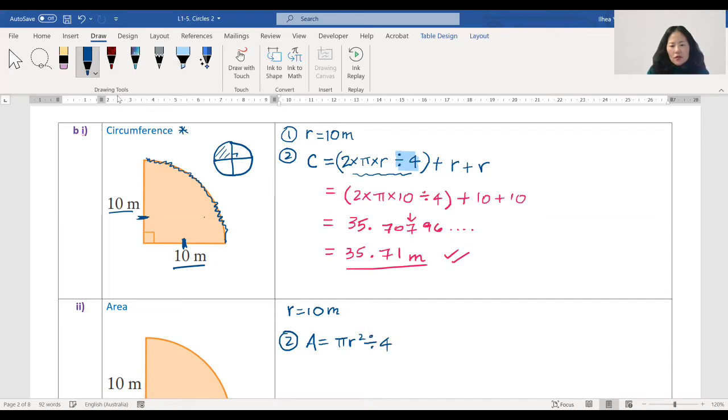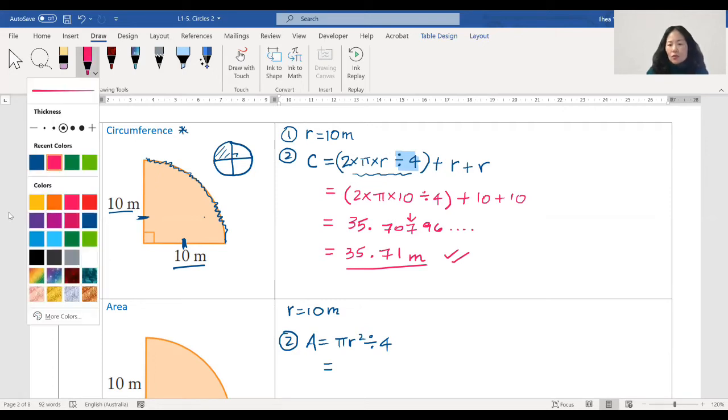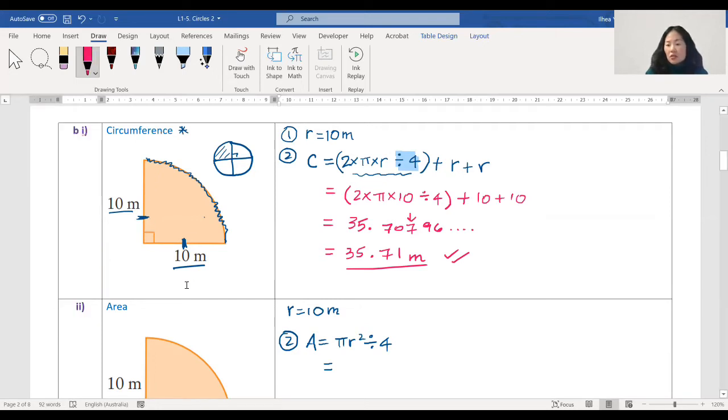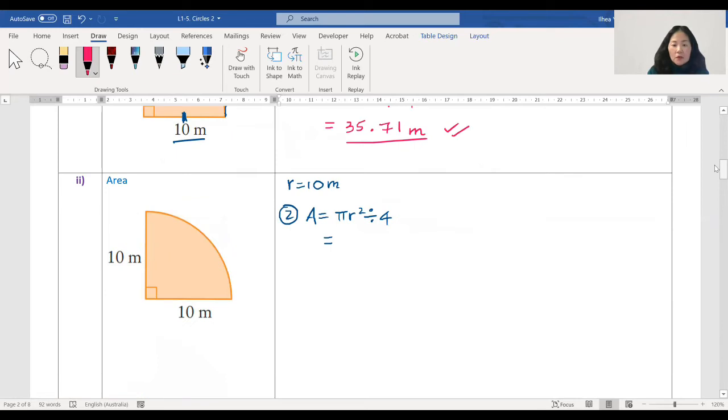Okay, so after that, we just have to put it in, because with area, we don't really need to add anything. All you have to do is use the formula, and according to the diagram, you divide it by 2, divided by 4, something like that. So now here, we're doing pi times r, which is 10 squared, divided by 4.